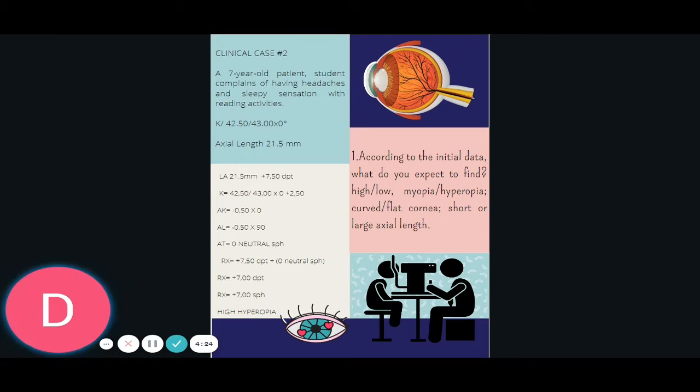Based on the information provided, we expect a refractive defect of high hyperopia. The patient has a flat cornea. We know this thanks to the keratometry. The patient axial length is short as it is below 24 millimeters.